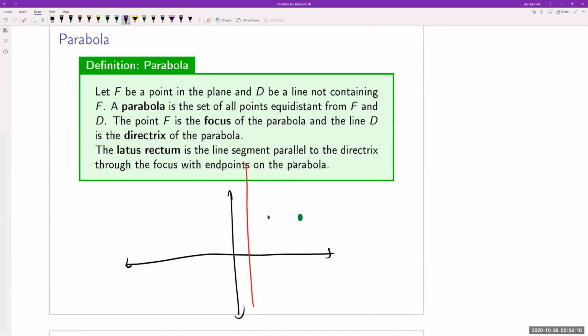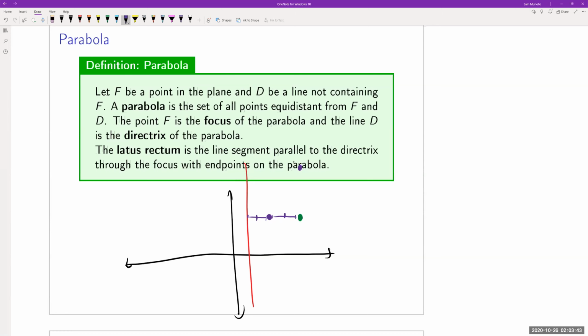So this right here would be a point where that works, because this distance and this distance are the same. This distance and this distance match up. We could also have this point and this point, because this distance, oh, this needs to be further up for this to work.